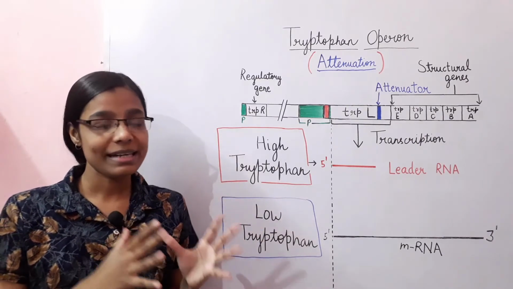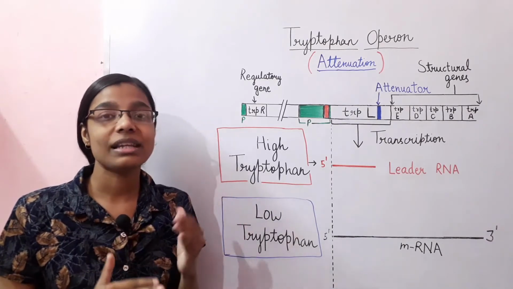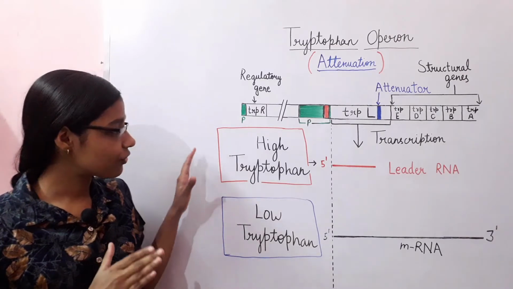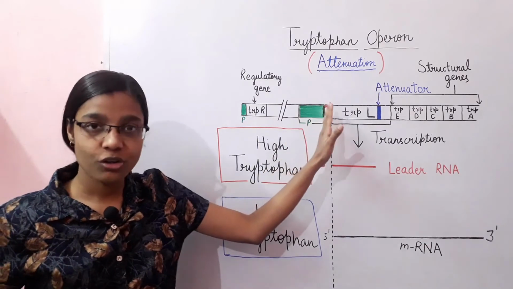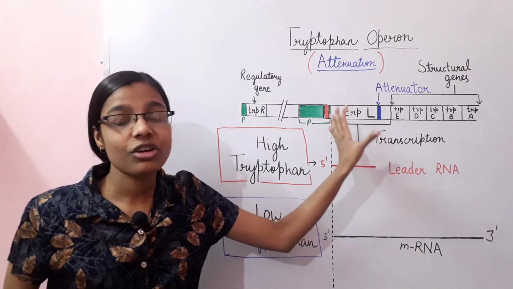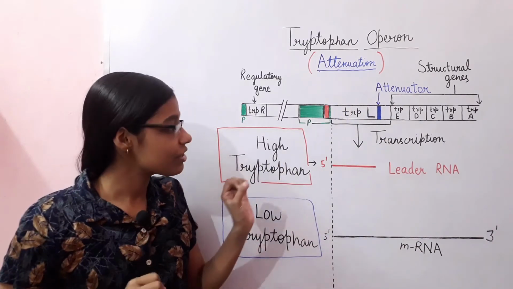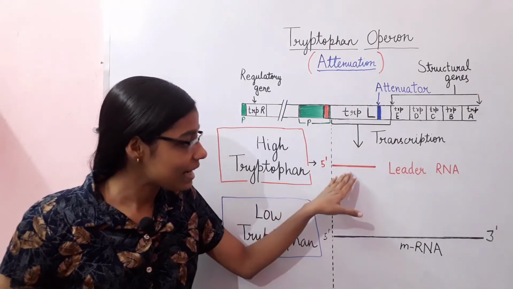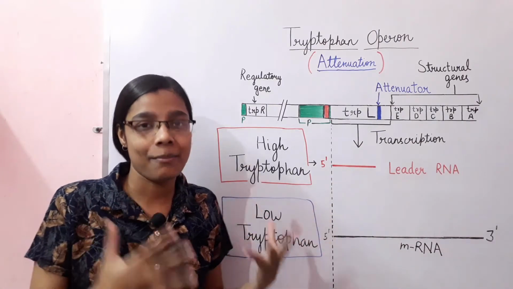So let's have a look at how the changes are taking place in response to the levels of tryptophan. When the level of tryptophan is high, then the transcription of these genes will start, but within the TRPL region something is happening due to which the transcription gets inhibited and we get the formation of a leader RNA, leader mRNA.